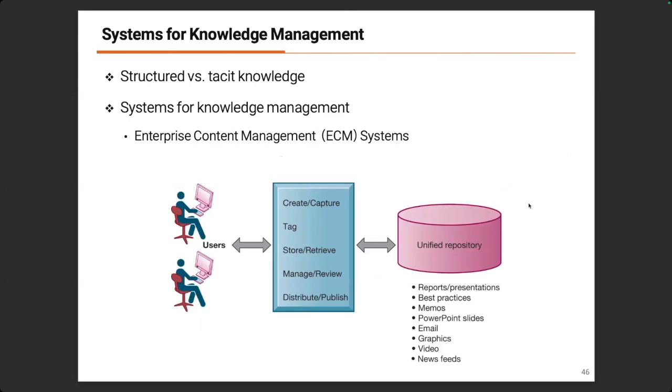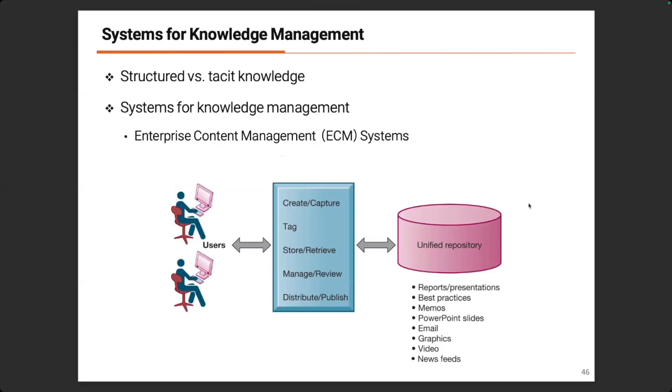Okay, then we have to move on to the systems for knowledge management. We don't have much time, so I will briefly explain this part. Collaboration will be less effective and efficient if the relevant knowledge is not available.